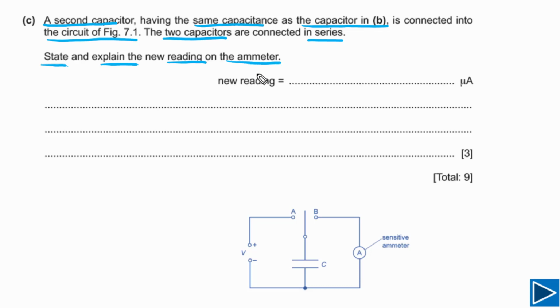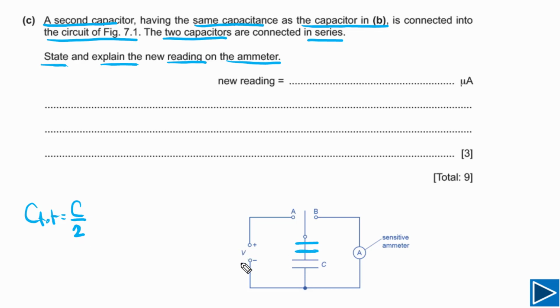In order to answer this question, the first thing we need to understand is, when we connect another capacitor in series with the first one, what is the total capacitance of this circuit? As these 2 capacitors have the same capacitance, they are identical and they are connected in series, so the total capacitance of the circuit will be equal to C by 2, which means it becomes half.